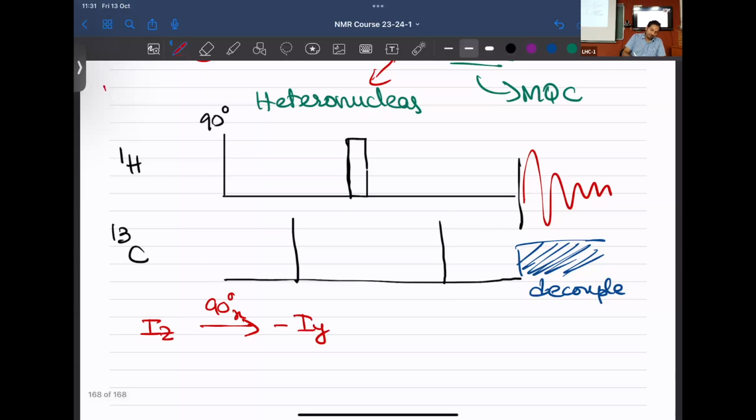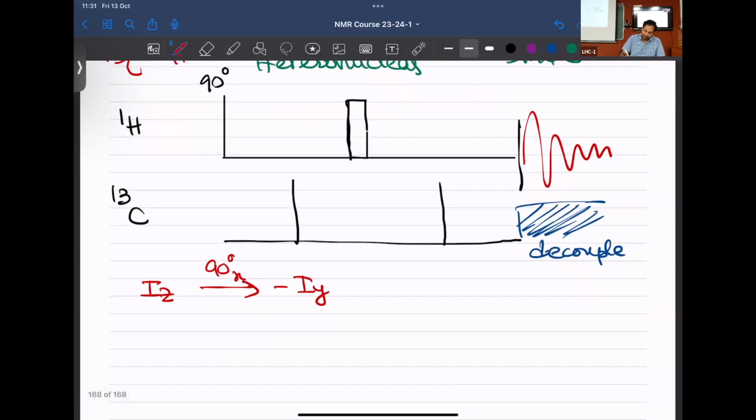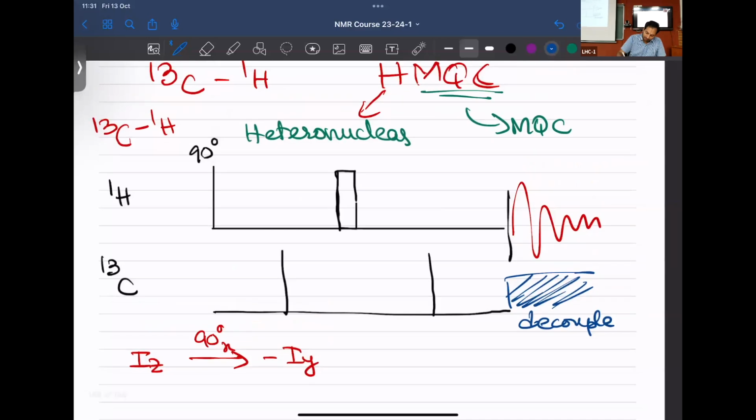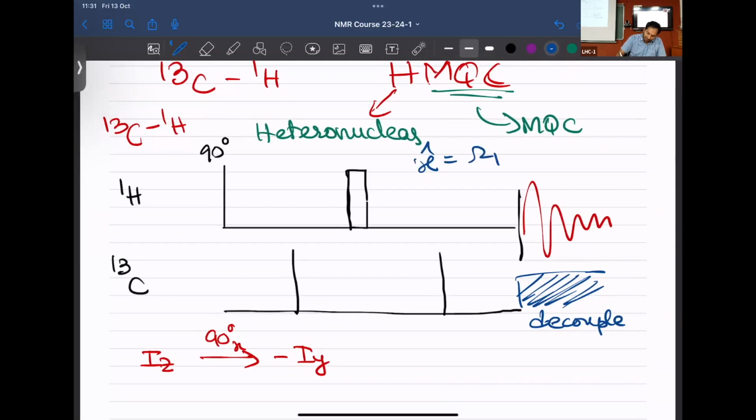You're talking about a spin system where C13 is coupled with 1H, therefore an active scalar coupling is going to be present. So the Hamiltonian throughout this entire scheme is going to be given by omega H Hz plus omega C Cz plus pi J CH 2 Hz Cz.